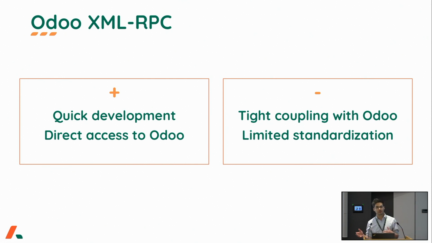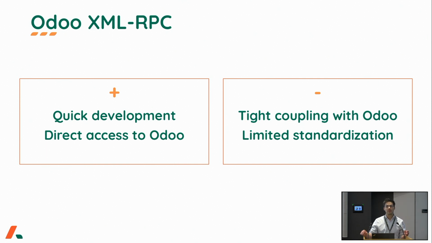This can also be seen as a drawback, because you have tight coupling between your Odoo and your XML RPC. It can be seen as a drawback because from a security point of view, you are exposing the internal mechanism of Odoo to the external world, so this can be an issue.